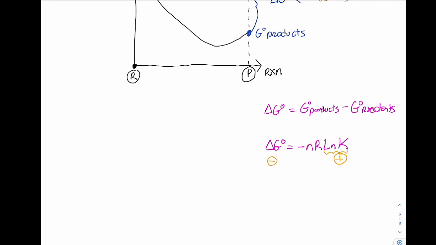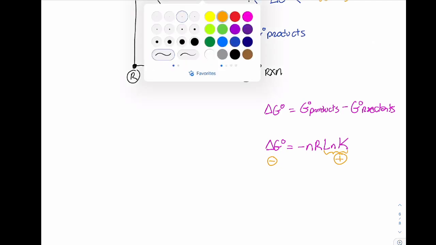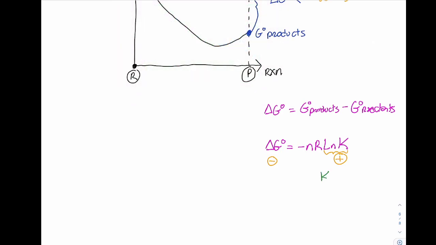right? If that value is going to be positive, the natural log of something that's a decimal, something that's less than 1, is going to be a negative value. So I am product favored, right? K is going to be greater than 1, and this is product favored.